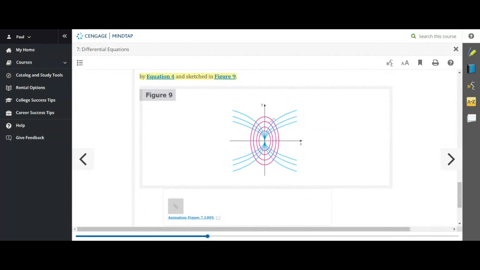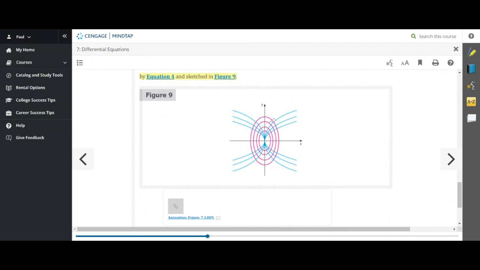In figure 9, you have the blue parabolas, which are in the family x equals k times y squared. As k changes, the parabola will grow more quickly, so to speak. And looking at that, the orthogonal trajectories, the purple graphs, appear to be what?